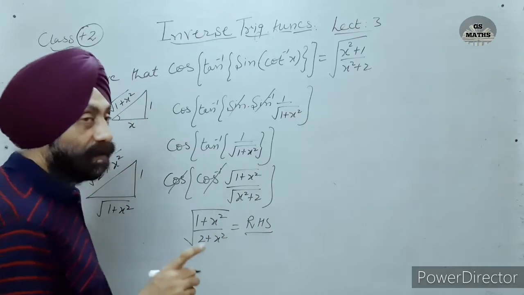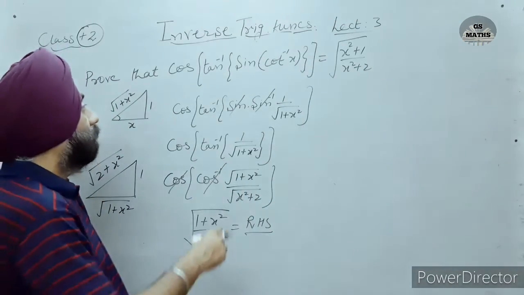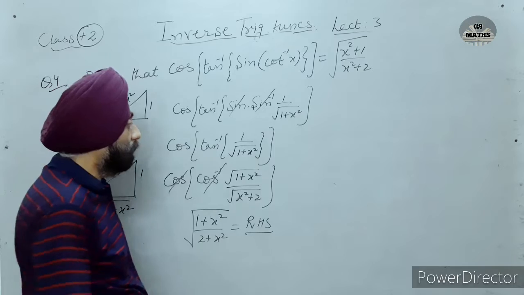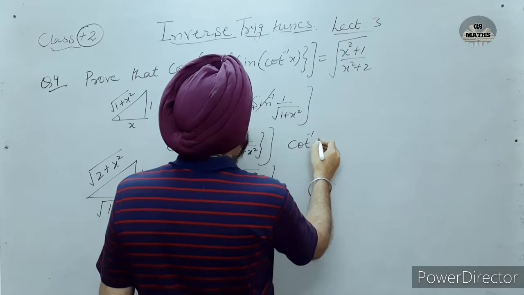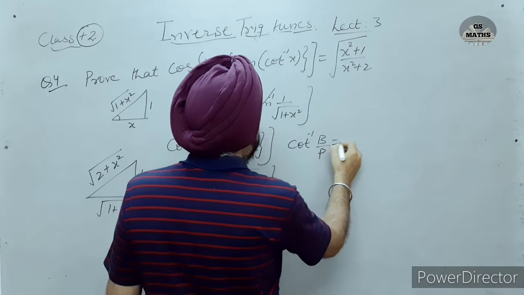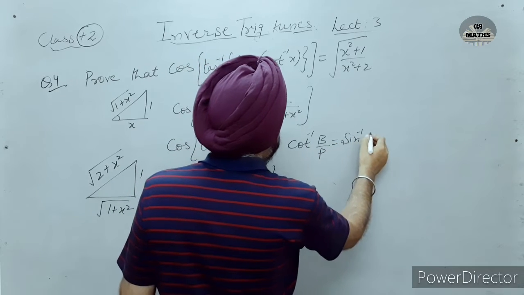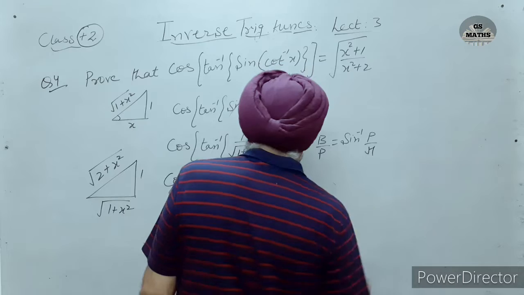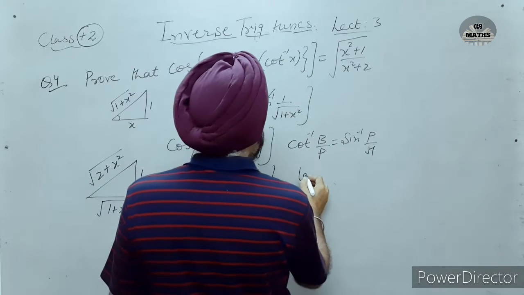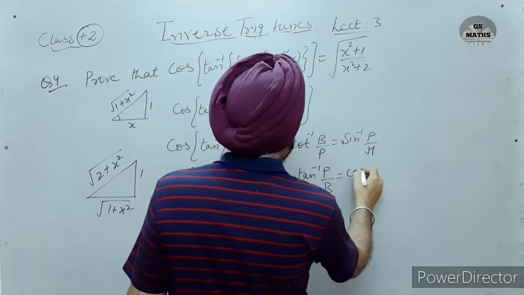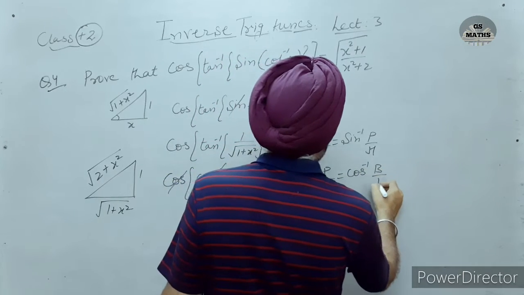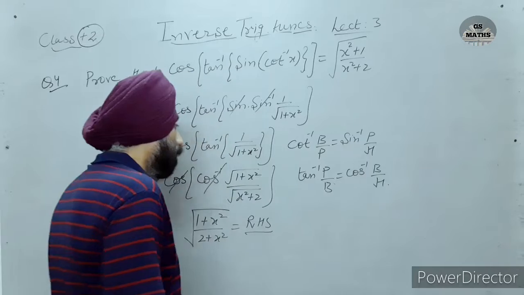Here I have used the concept which I discussed in my previous lecture, that cot inverse base upon perpendicular is equal to sine inverse perpendicular over hypotenuse, tan inverse perpendicular over base is equal to cos inverse base over hypotenuse.